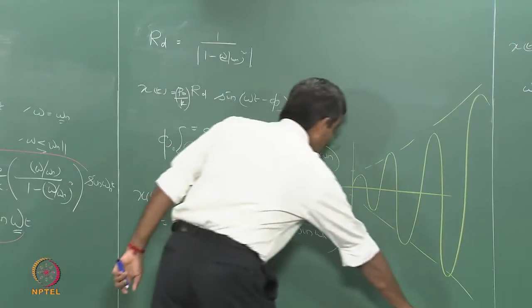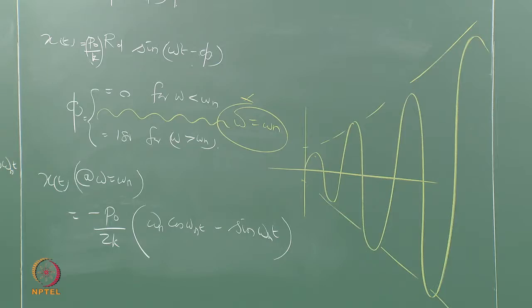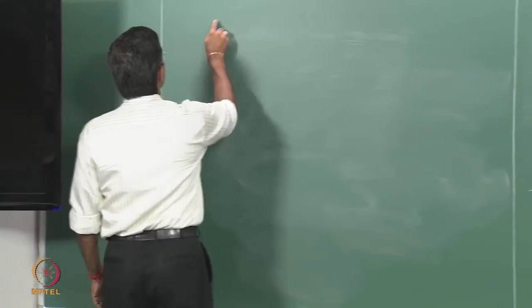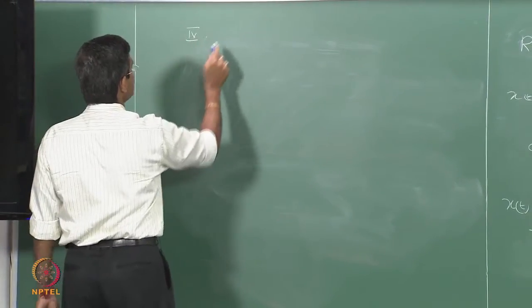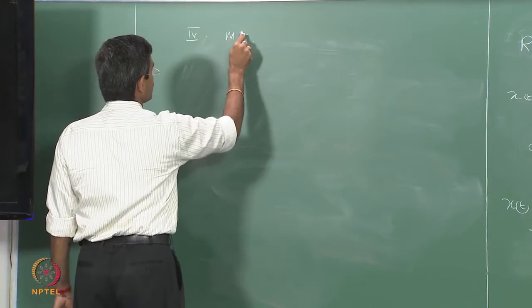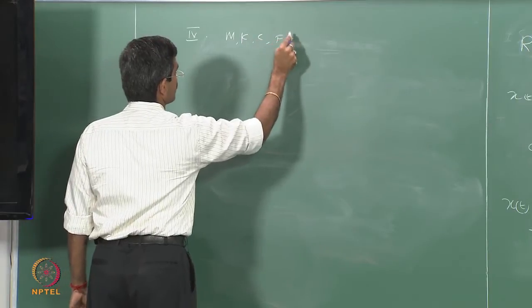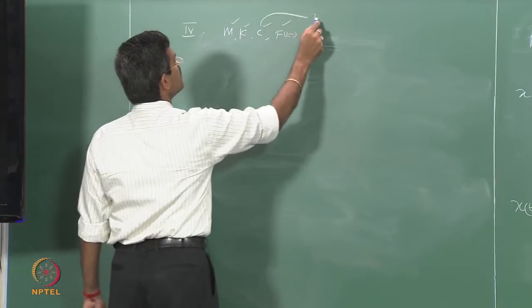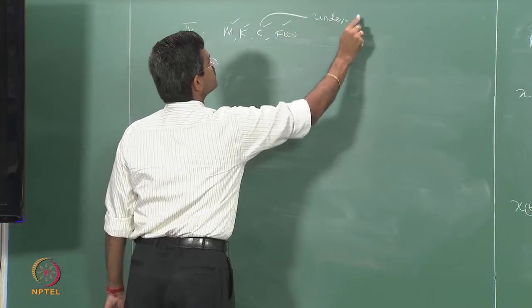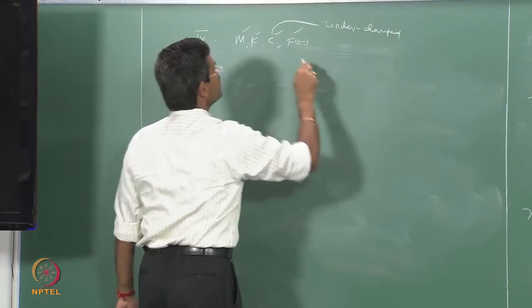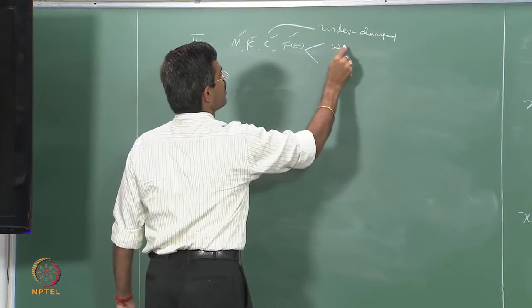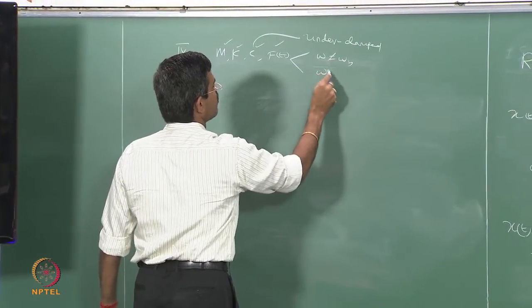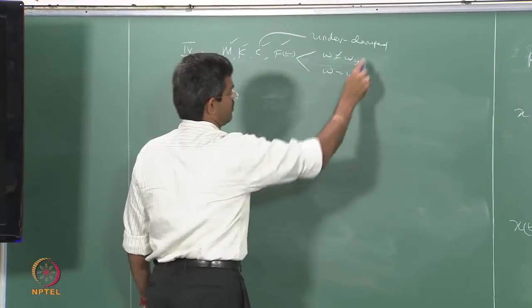Therefore, we now consider damping, which is present inherently in the system, which is case 4. So, case 4 is more or less a realistic system where m, k, c and f of t are all present. In c, usually we talk about the underdamped case. In f of t, we will talk about both cases, omega equals omega n and omega not equal to omega n.